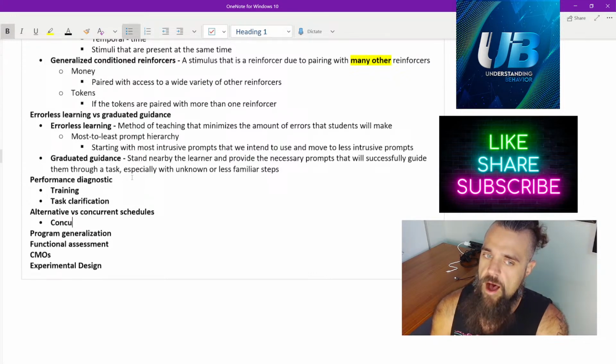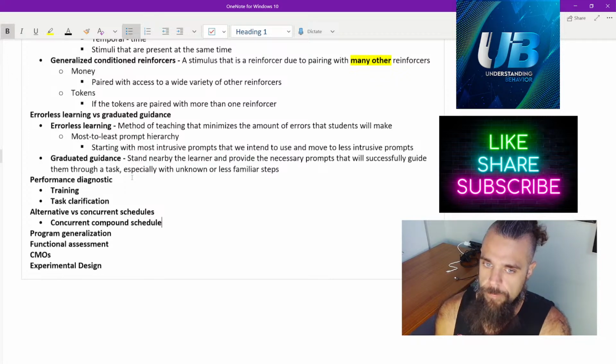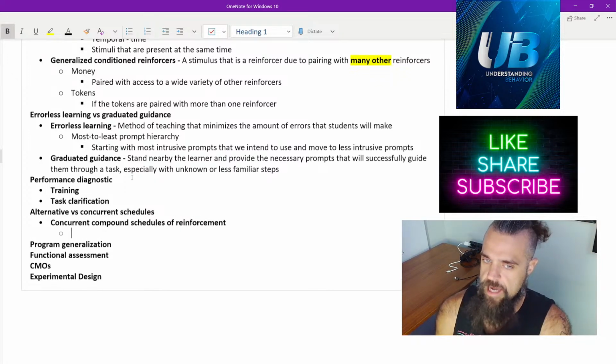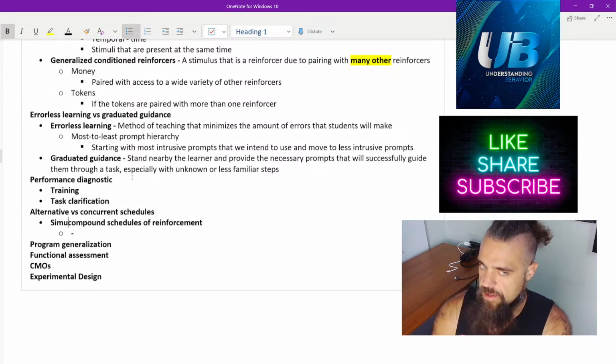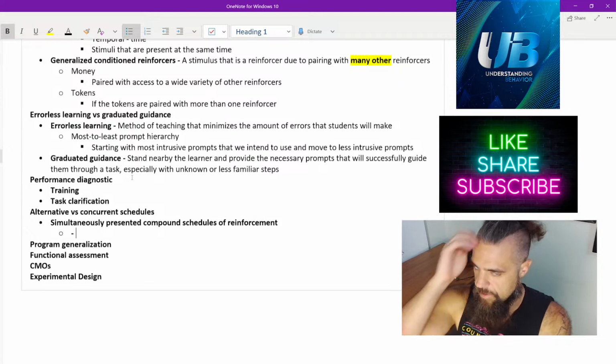These are both concurrent compound schedules of reinforcement. Let's break that down, because there's a lot of big words in one definition. Concurrent means simultaneous. These are simultaneously presented compound schedules of reinforcement.